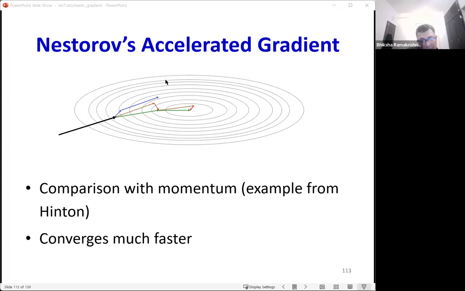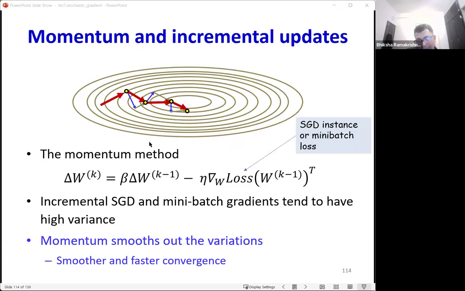And so for nice convex functions of this kind, you can show that Nesterov's method is considerably faster to converge than simple momentum. This makes sense to everybody so far? Yeah, okay.